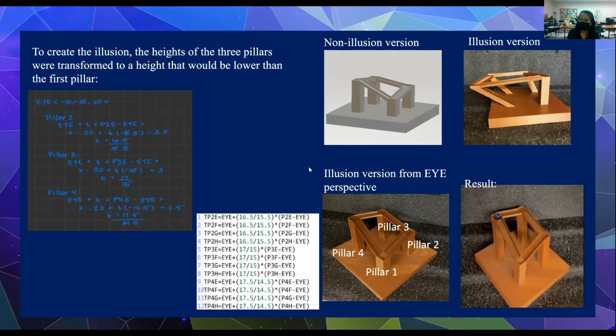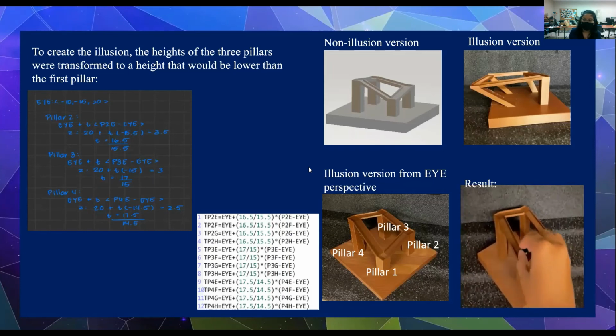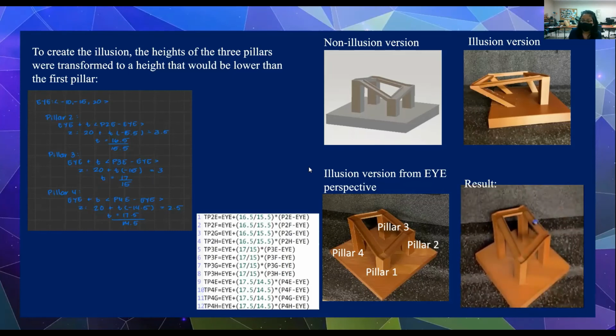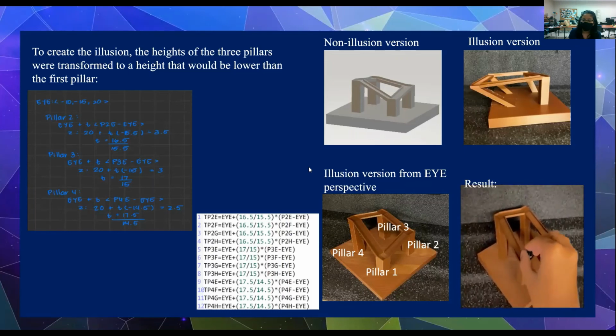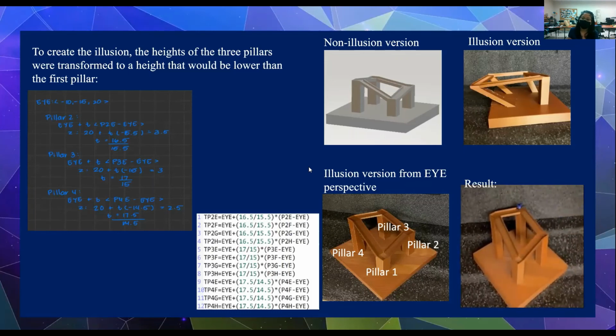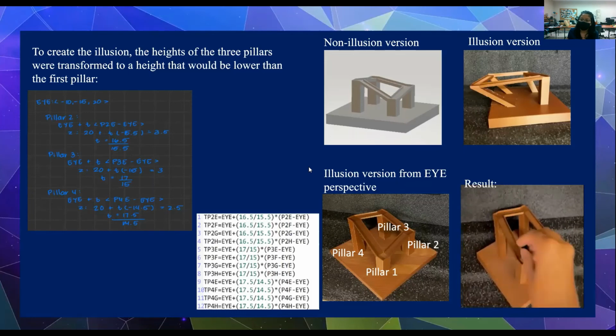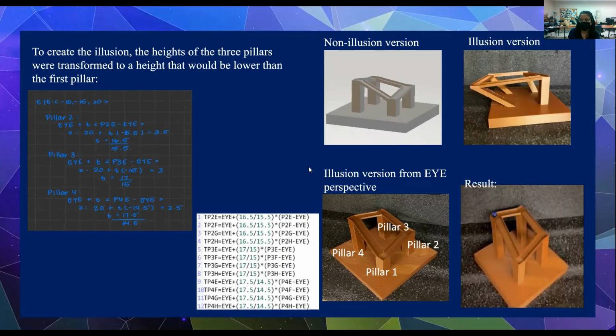So towards the right corner, you can see the illusion version from a different angle. And at the bottom, you can see the result. So from this angle, you can see that the pillars look like they're increasing in height, but in actuality, they're not. So that's why the marble looks like it's going up the pillars.